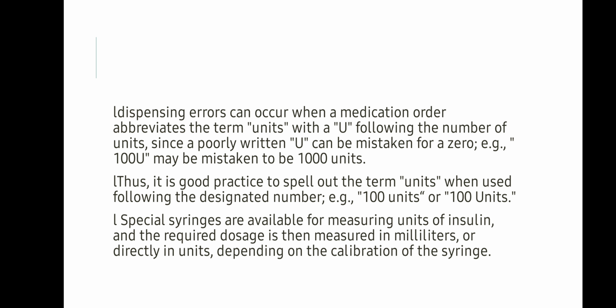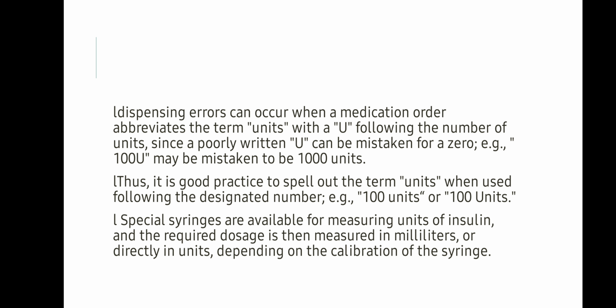Dispensing errors can occur when medication order abbreviates the term units with U following the number of units, since a poorly written U can be mistaken for a zero. So, yung 100U may be mistakenly read as 100 0. Sa halip na 100 natin yun, di ba, magiging 1,000. Thus, it is good practice to spell out the term units.